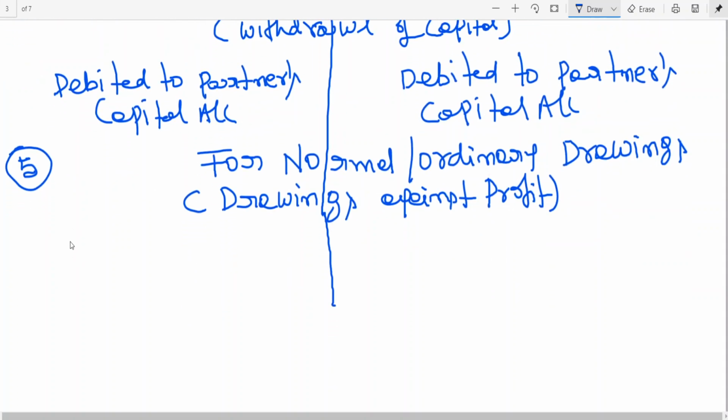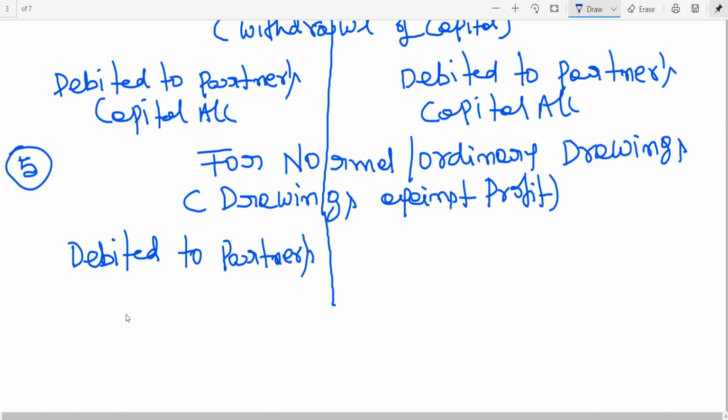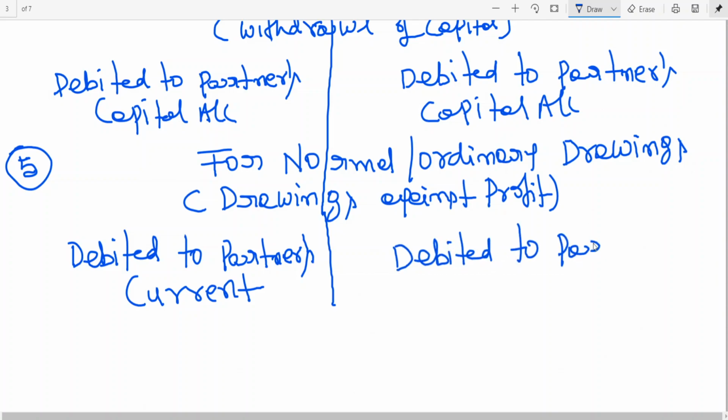Now here it changes: debited to the partner's current account. After completion of the format, I'll tell you why the current account is opened. Debited to the partner's current account, because you have two accounts now. Here, in fluctuating capital, there is only one account, therefore debited to the partner's capital account. Is this clear to all of you?